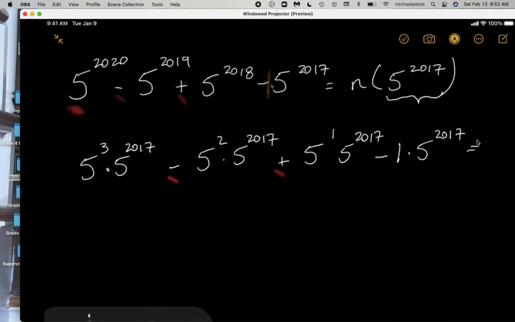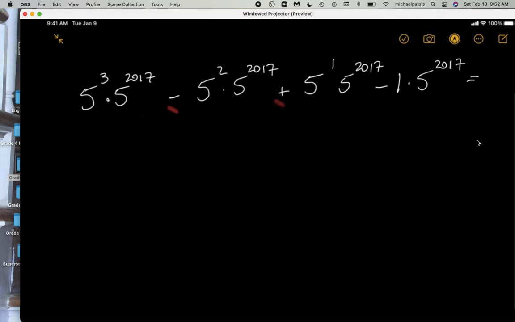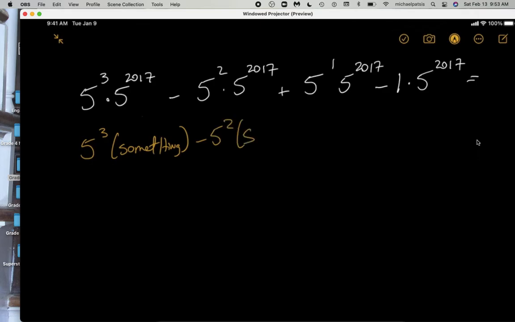Okay, now where do we go from here? Now, this is a situation where you have to recognize that the 5 to the 2017 is just an entity. It's something. In other words, you could say, I have 5 to the third of something minus 5 to the second power of that same something, etc. Or you could look at it this way.